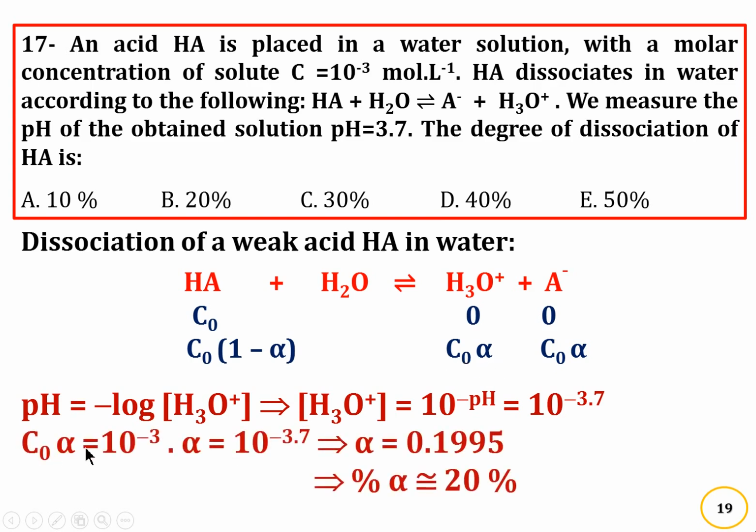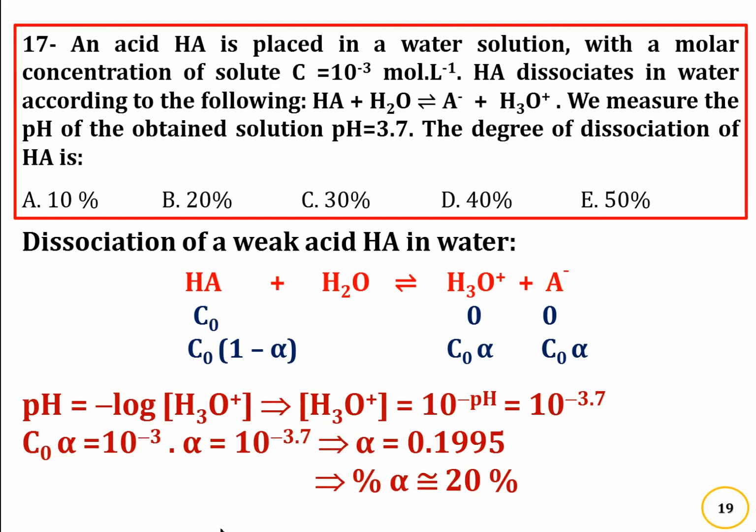So C0 alpha equal 10 minus 3 times alpha equal the concentration of H3O+ at equilibrium 10 minus 3.7. So we calculate alpha equals 0.1995. So alpha is approximately equal 20%, but less than 20%. Again, this acid used is of weak behavior since alpha is less than 20%. The answer is B.